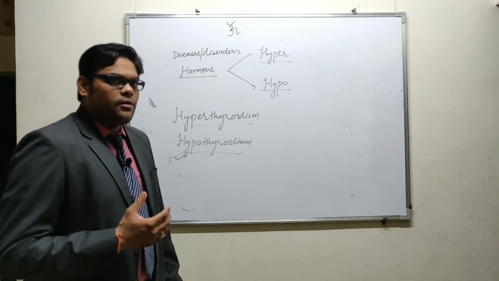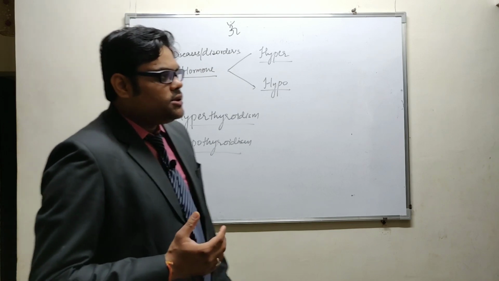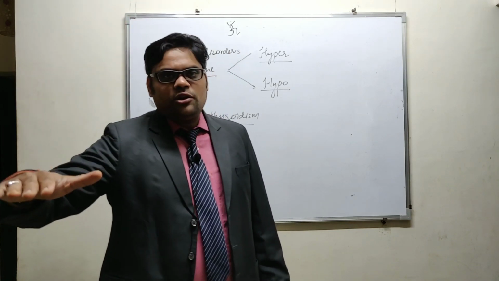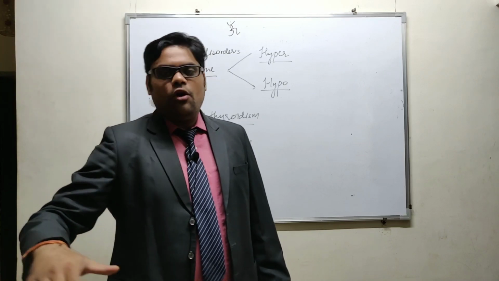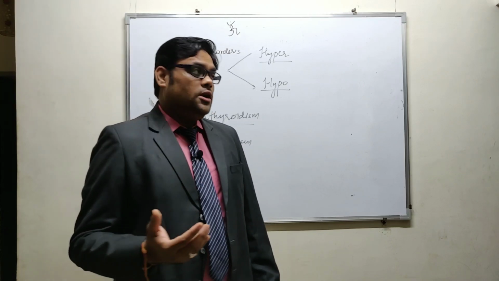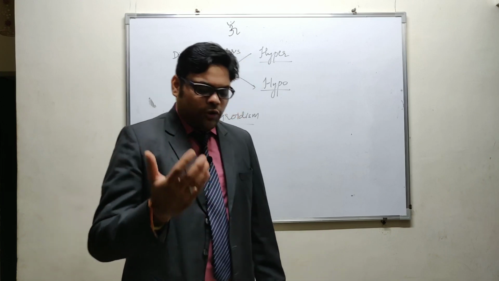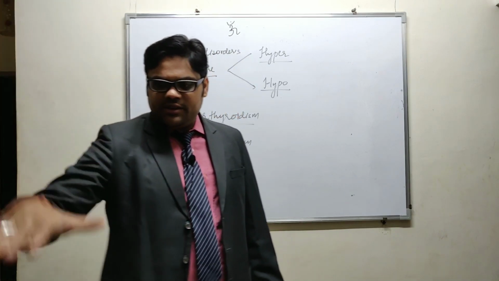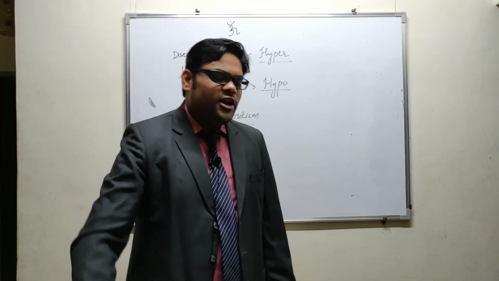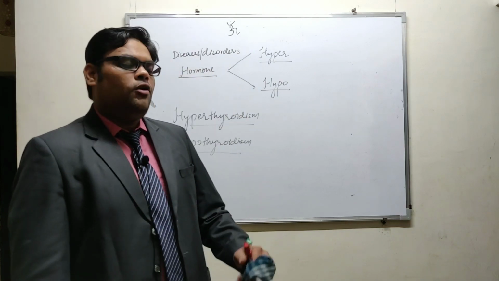So what exactly does thyrocalcitonin do? It decreases the excretion of sodium, potassium, calcium and phosphorus; it decreases the excretion of calcium and phosphorus in the form of urine.